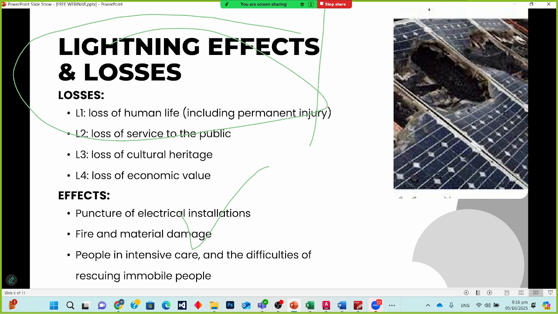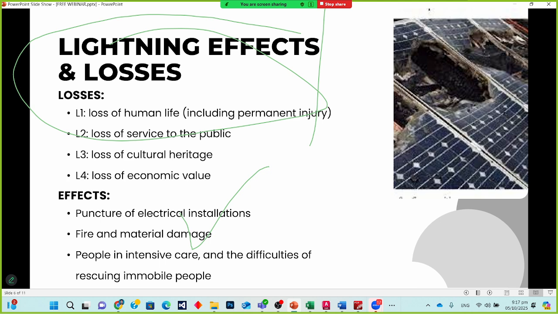The other topic is the lightning effect and then the losses. When lightning flashes, there are four types of losses. One is the loss of human lives, including permanent injury. The other one is the loss of service to the public, like the different services to the public that will be damaged.